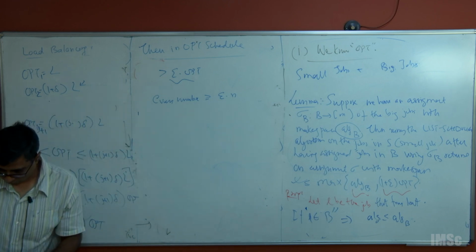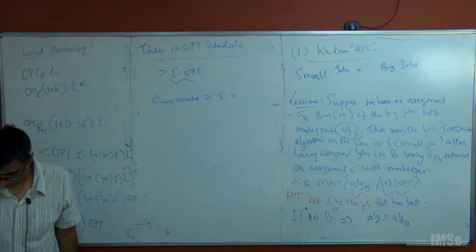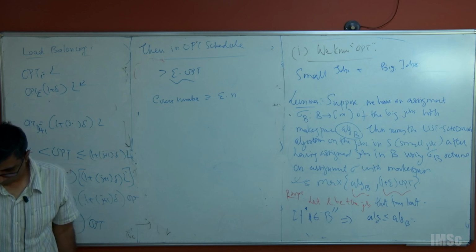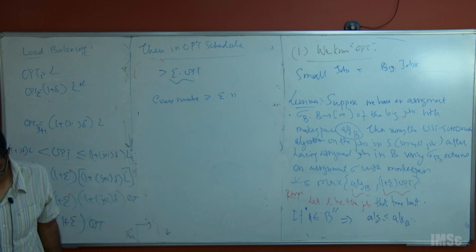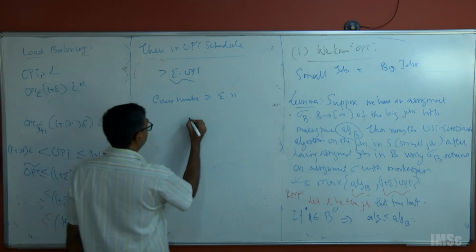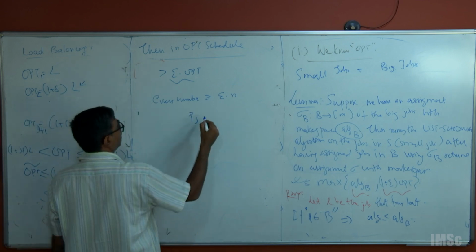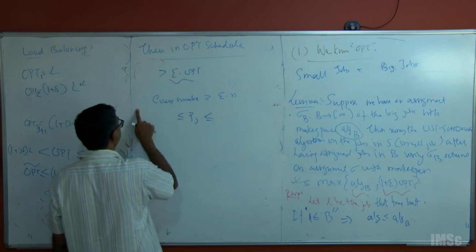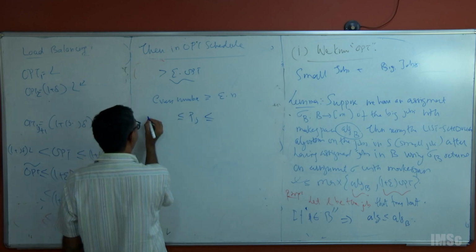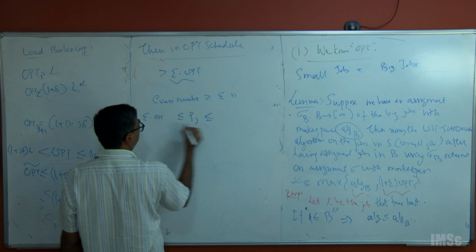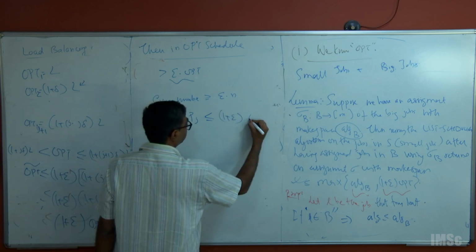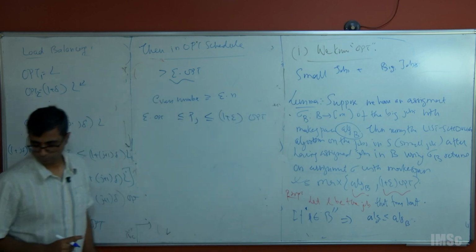So what we are trying to do is the following. After I have done all this trick, Pj is any new number. Pj is between epsilon times opt and 1 plus epsilon times opt, okay?